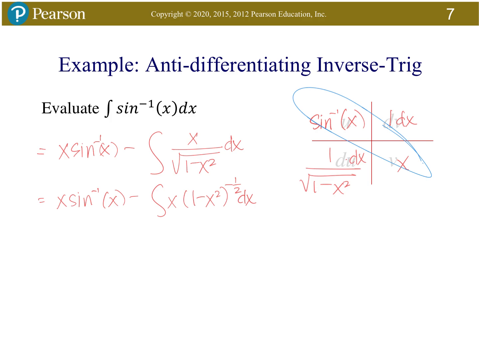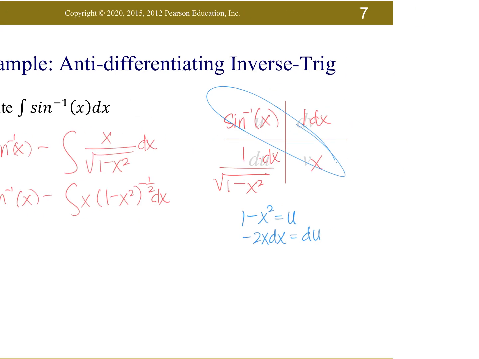I'm going to use 1 minus x squared to be my u for this. So du is negative 2x dx, so the implication is that dx by itself would be du over negative 2x.